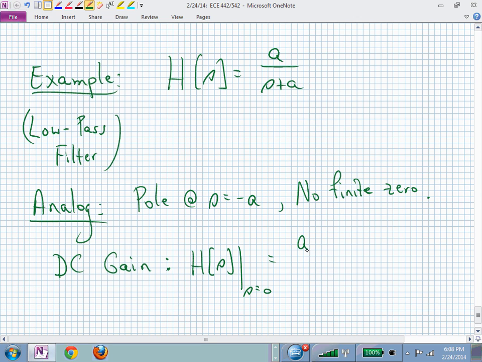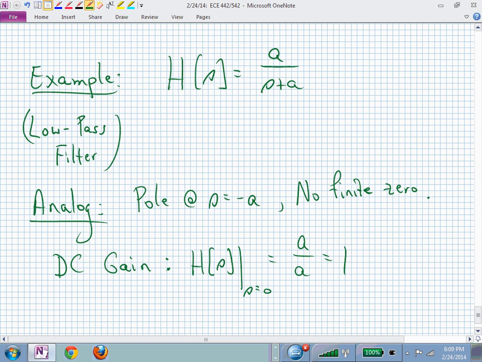This is now a over a, or we have a DC gain of 1. We have 0 dB for our constant flat piece until we reach the pole at minus a, which in frequency is at omega equal to a, and then it starts rolling off. The roll-off rate is 20 dB per decade, or 6 dB per octave, an octave being a factor of 2. All right, so we feel warm and fuzzy about that transfer function, h of s. It's a low-pass filter, first order.